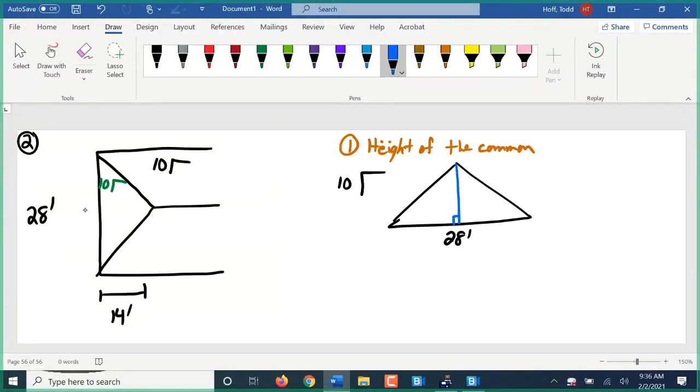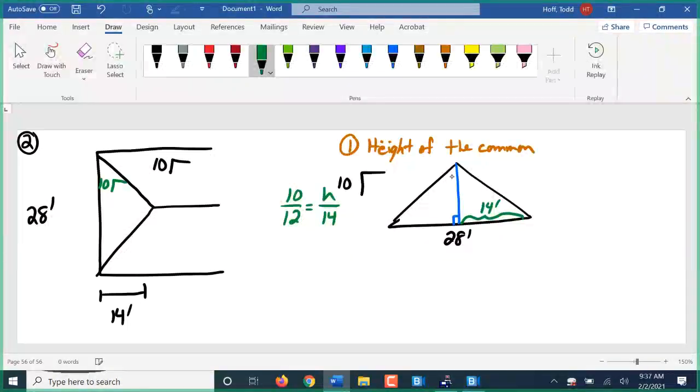The 14 and 12 being half of the 28 means that this is a square here. So for the height of our common, we got 10 over 12 is our slope. That's going to be based on a run of 14 feet. That goes on bottom.